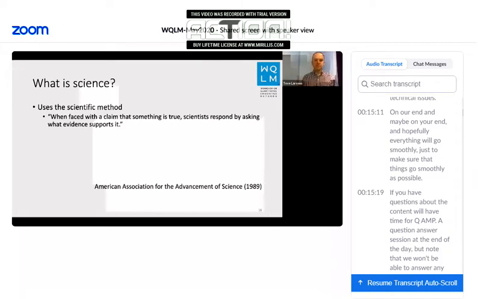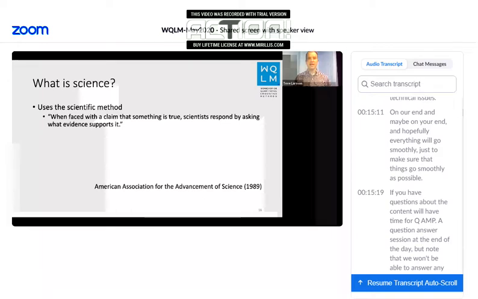In essence, scientists respond to claims of truth or fact by asking what evidence is there that supports those claims. And evidence comes as a result of the scientific method.